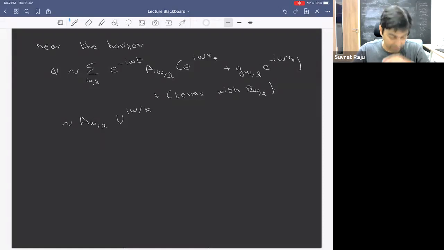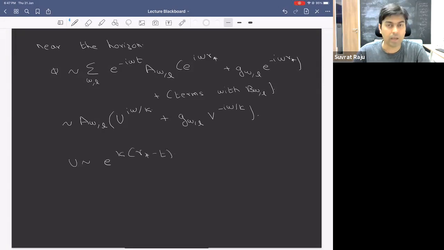Remember, this k is the surface gravity, plus some other term which is g omega L into v to the minus i omega by k. Okay. Notice the reason this happens is because u looks like e to the k, into r star minus t. And that's why you see that, and there are constants up here which I'm not writing down. Okay. So this is everything up to constants.